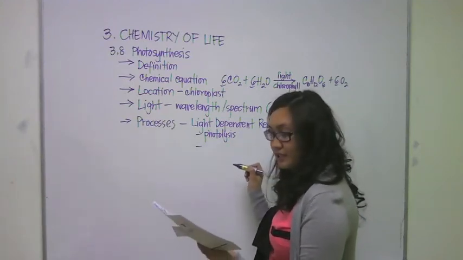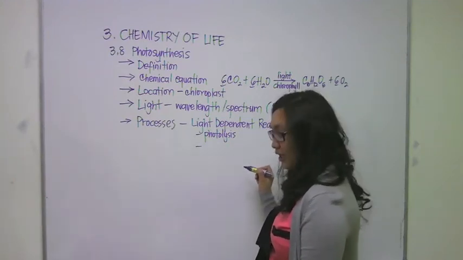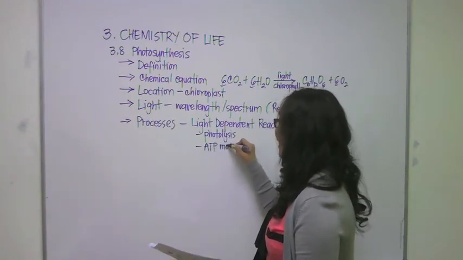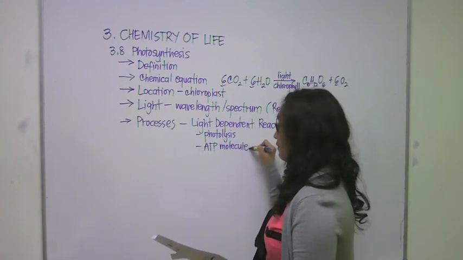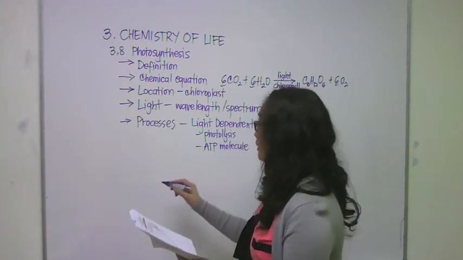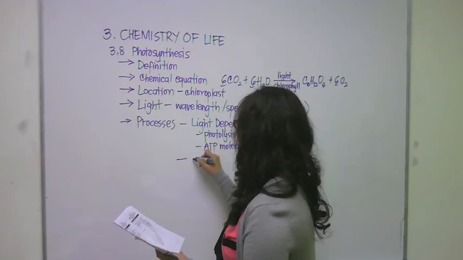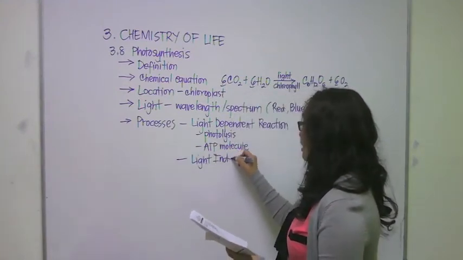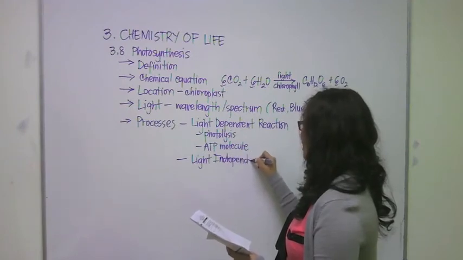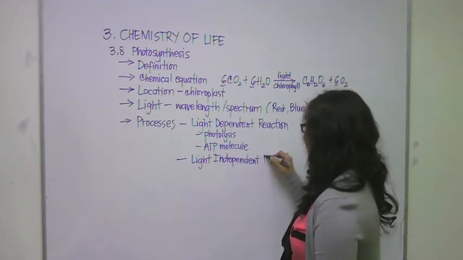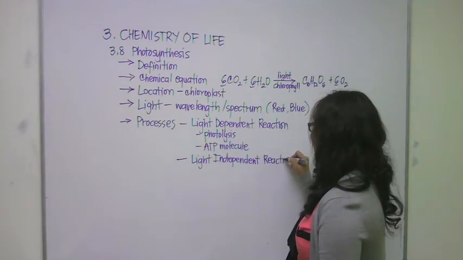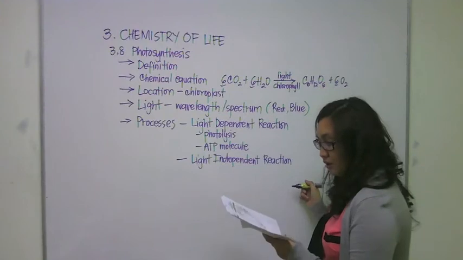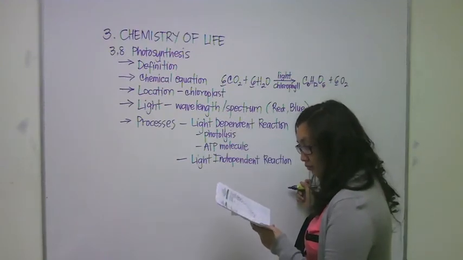The next process occurring in the light-dependent reaction is ATP molecule formation to provide energy for the next process. Next, we have the light-independent reaction. This doesn't require light, but it needs molecules that have been produced in the light-dependent reaction for this to occur.